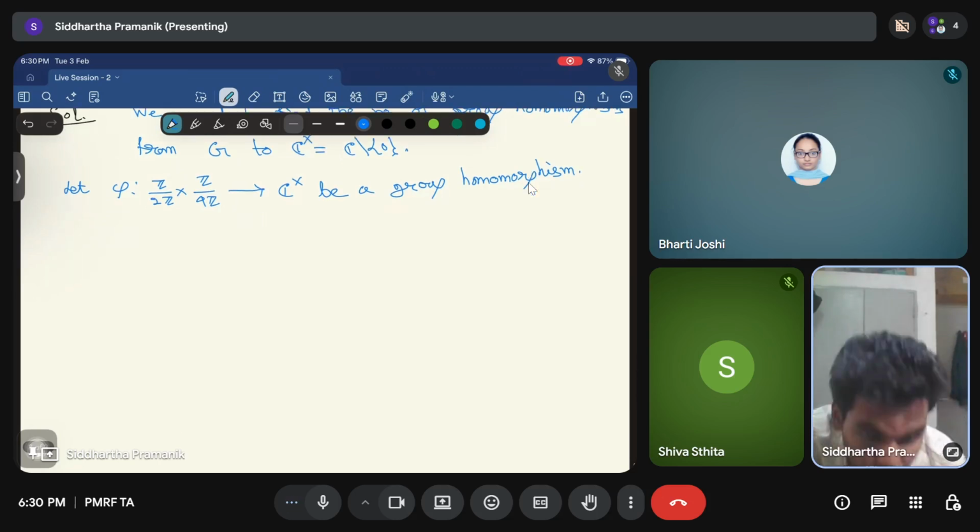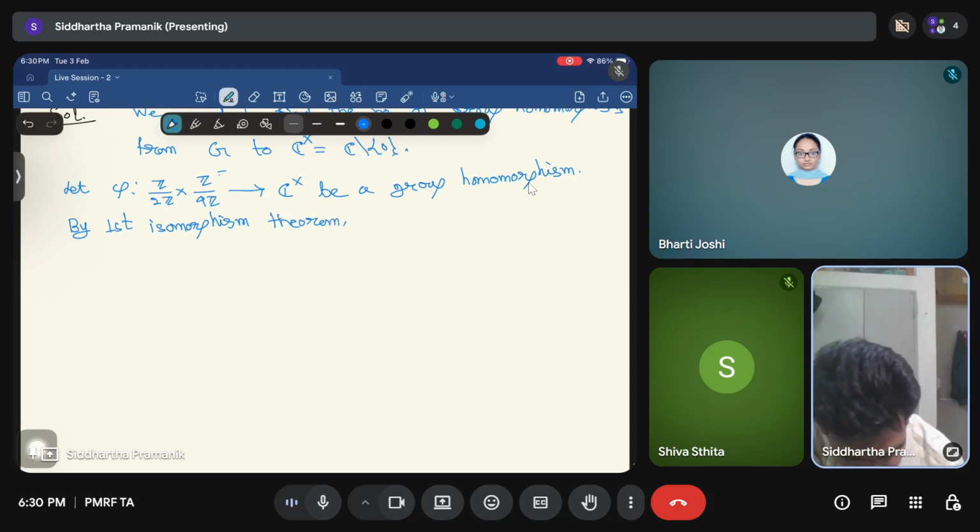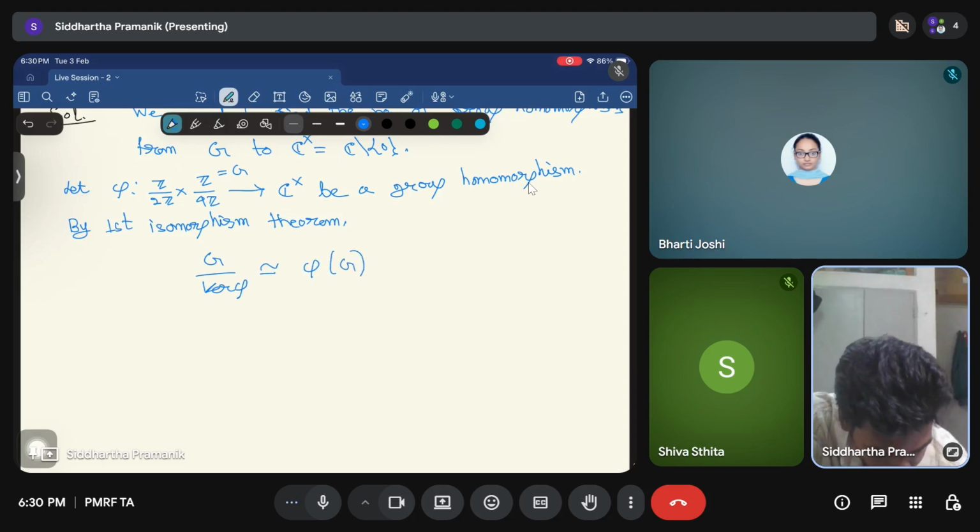Because if we use the first isomorphism theorem of groups, so this is our group G. So G mod kernel phi is isomorphic to phi of G, which is basically a subgroup of the C cross, right?